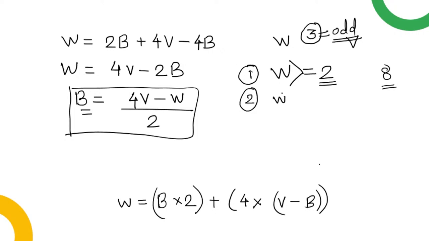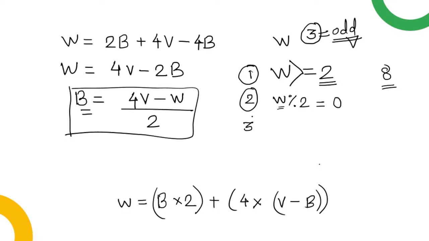So I write here W for wheels modulo 2. That means we are going to check here. What is the modulo operator? It is used to check the remainder. So the number of wheels is divided by 2, and if the remainder is 0, that means the entered number of wheels is an even number.